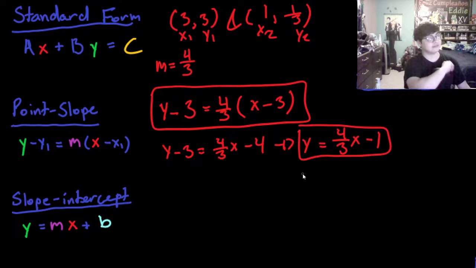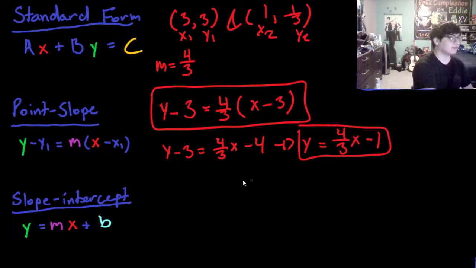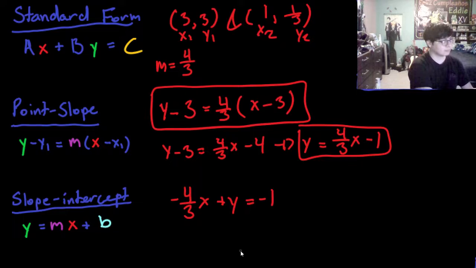Now to translate this into standard form, we could just do the same thing. Subtract 4 over 3 x and move it across to the other side, which will then give us negative 4 over 3 x plus y is equal to negative 1. And later, that's that.